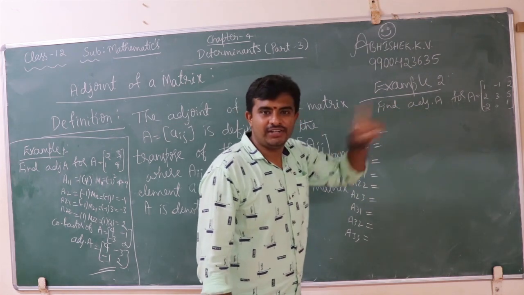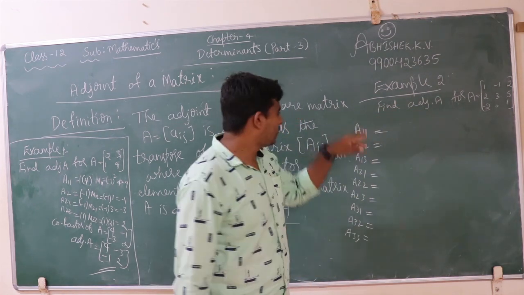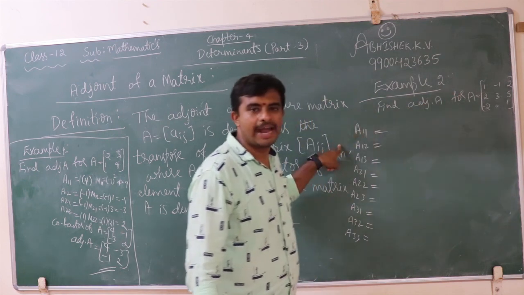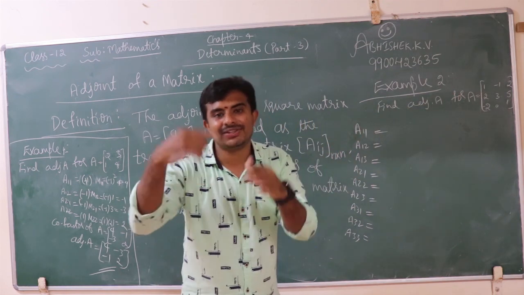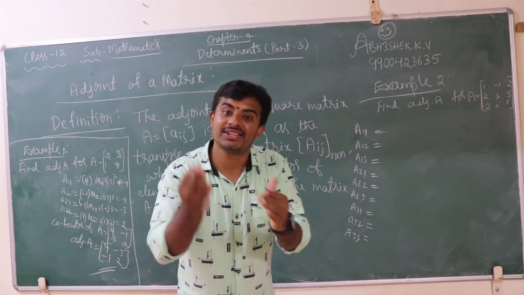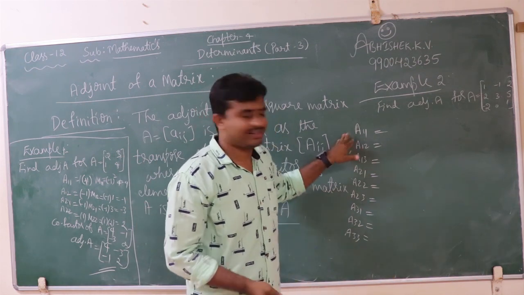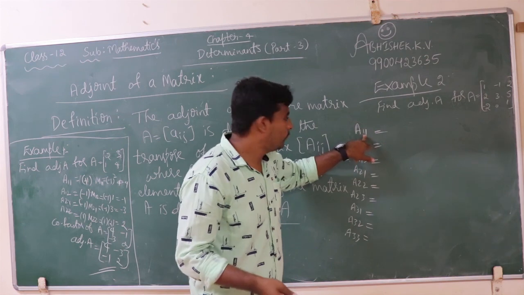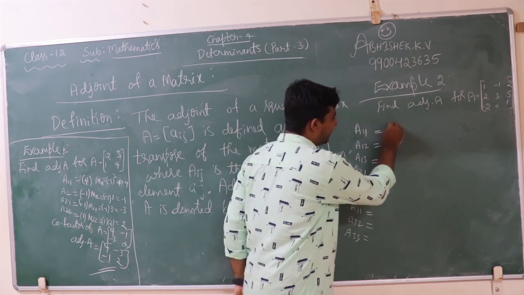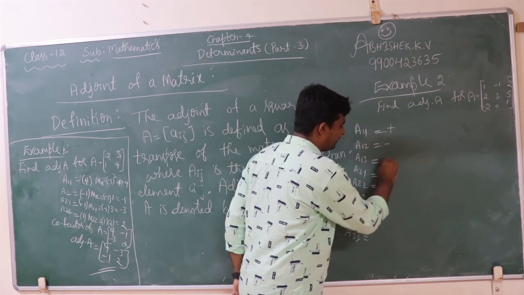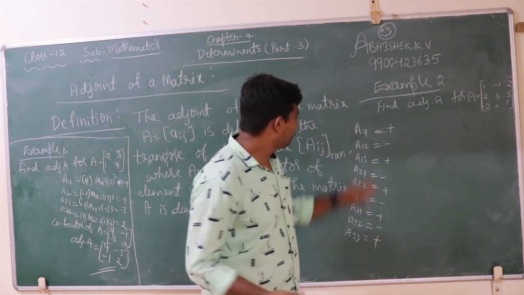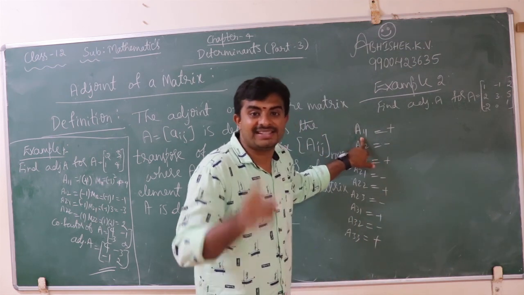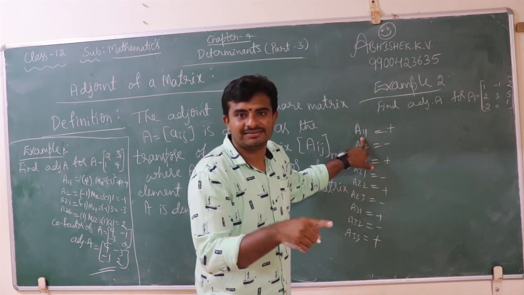To find the adjoint, first we need to find the cofactor. The cofactor of the first element is capital A11, and you need to multiply by minus 1 to the power of i plus j. i plus j is the suffix of an element, 1 1. I already told you, it is correspondingly plus, minus, plus, minus, plus, minus, plus, minus, plus. Why? If the suffix sum is even, then it is multiplied by plus 1, that is plus.